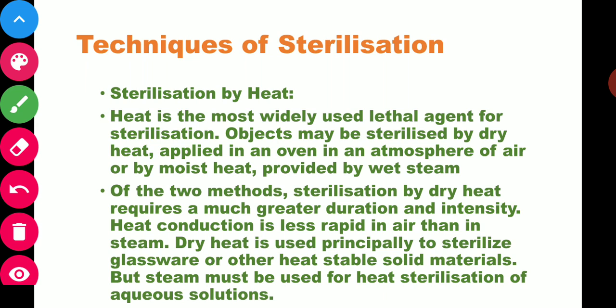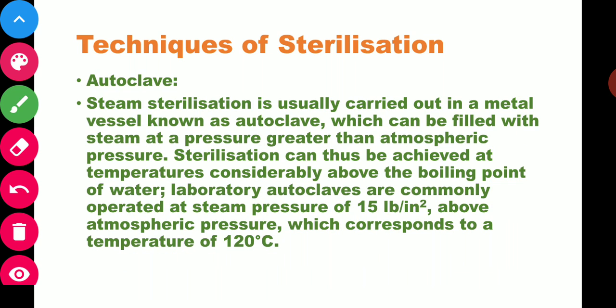Dry heat is used principally to sterilize glassware and other heat stable solid materials, but steam must be used for the heat sterilization of aqueous solutions, some culture media, or some non-volatile agents. Autoclaving is the method by which we generally sterilize culture media and aqueous solutions.